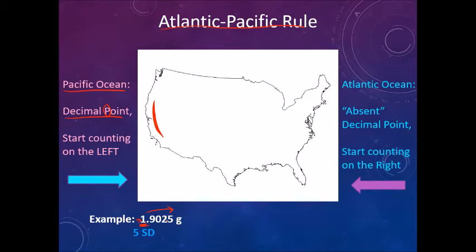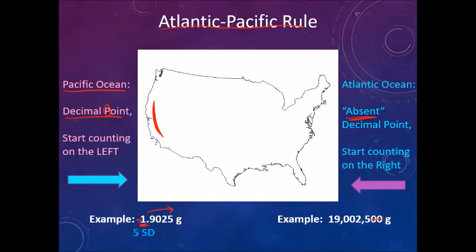On the Atlantic side, we say absent, like the decimal point is absent. There is no decimal point. You're going to start counting from the right. For example, in this measurement, 2,500 grams. So we're going to start from the right now because there is no decimal point in this number.